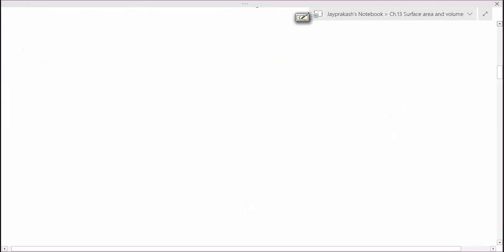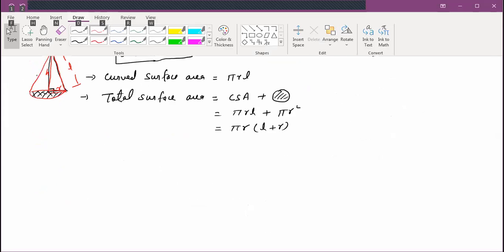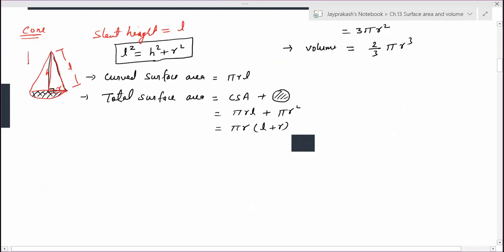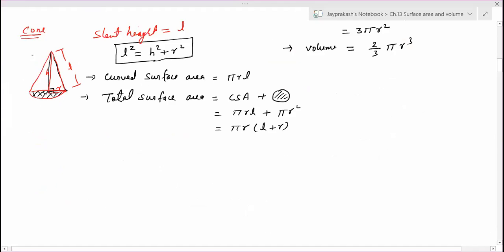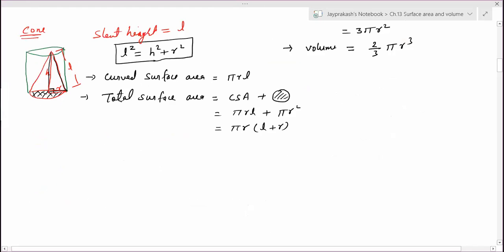Now if we talk about the volume, if we imagine here a straight line, it will become a cylinder. So these two portions of the cylinder are remaining.